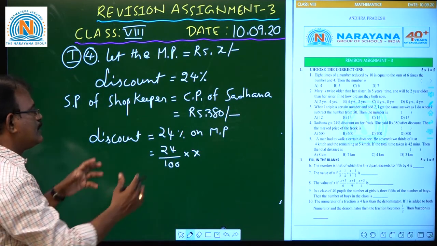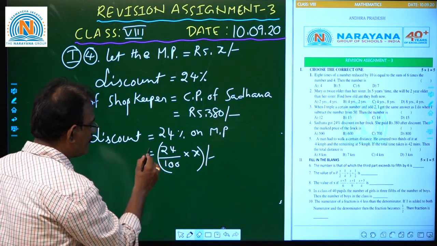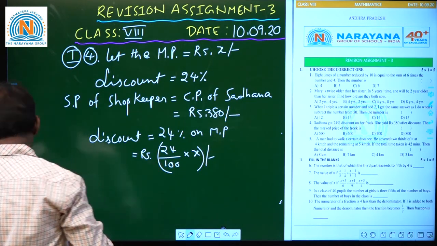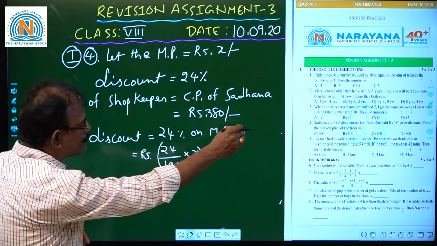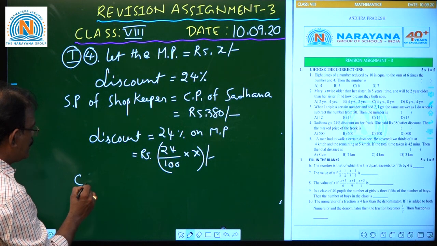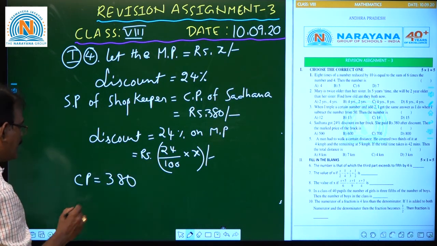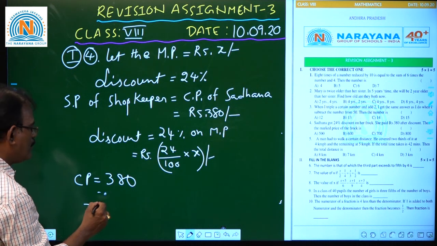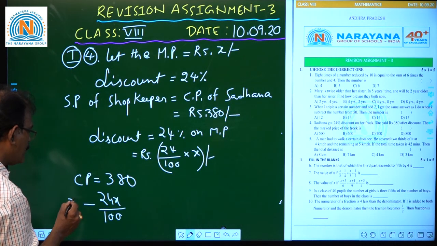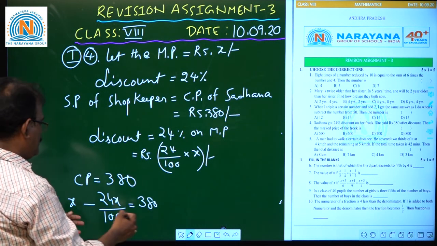This is the amount in rupees as discount. Now the cost price of 380 rupees we get after reduction of the discount from the marked price.